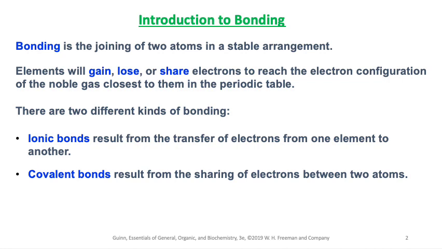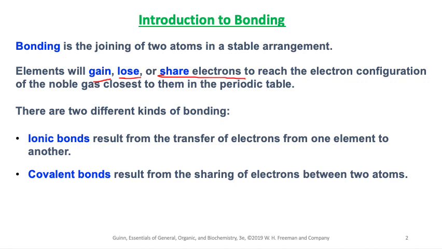There are three ways they can combine: by gaining of electrons, by losing of electrons, and by sharing of electrons. Then we're going to talk about in which compound, either covalent or ionic, which kind of process elements use to make a bond.